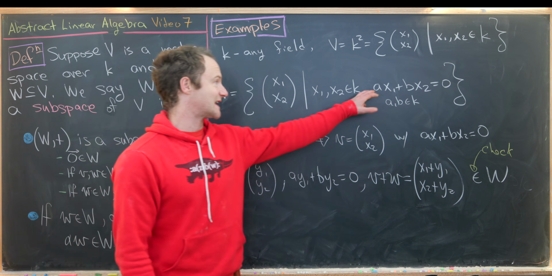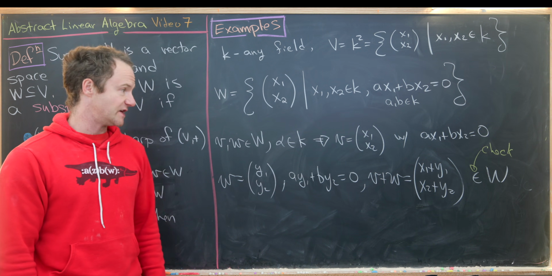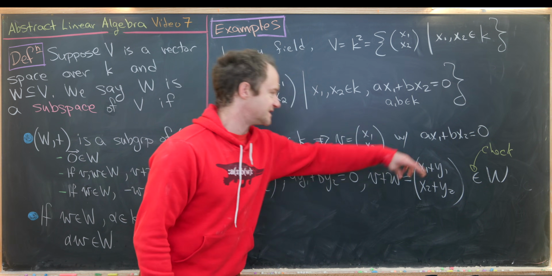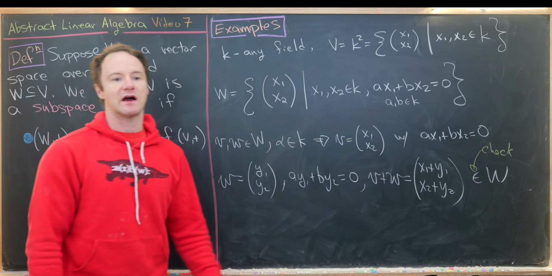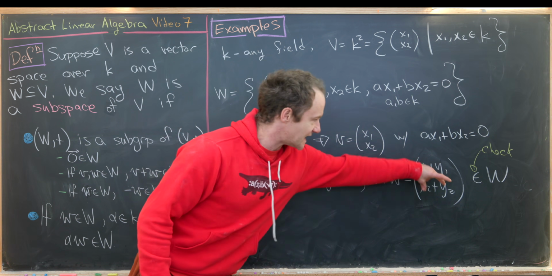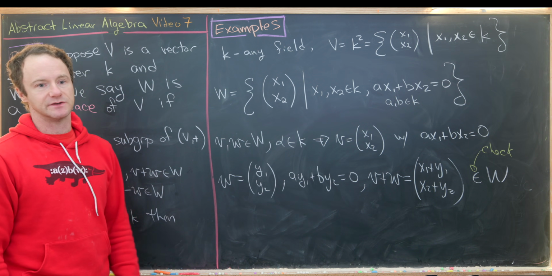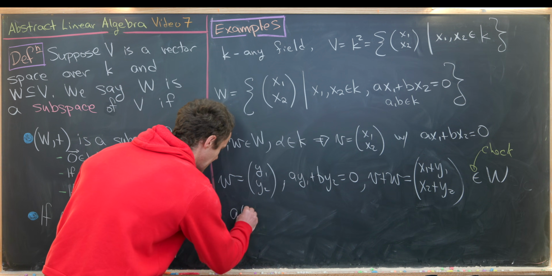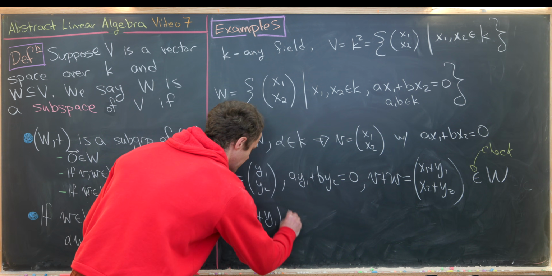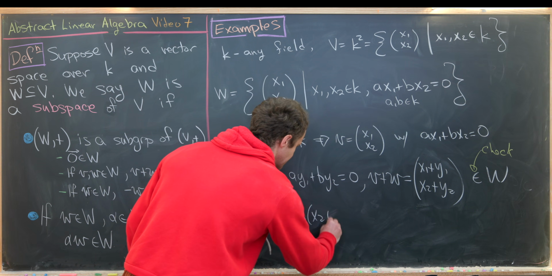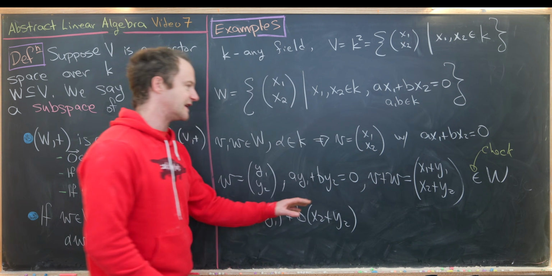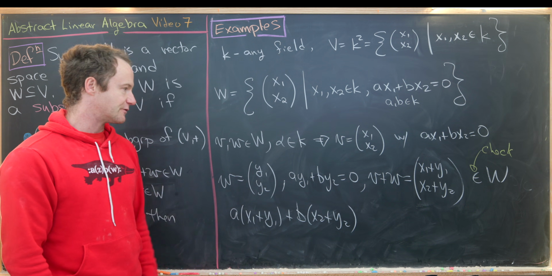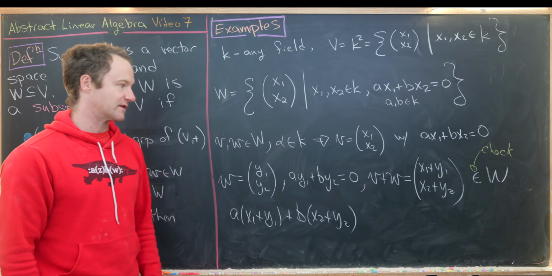Well, it must satisfy this linear equation where the role of x1 is now being played by x1 plus y1, and the role of x2 is now being played by x2 plus y2. Okay, so let's check that it works. So we need to look at a(x1 + y1) plus b(x2 + y2). Hopefully we get 0 for that. If we get 0 for that, then our sum is definitely in W.